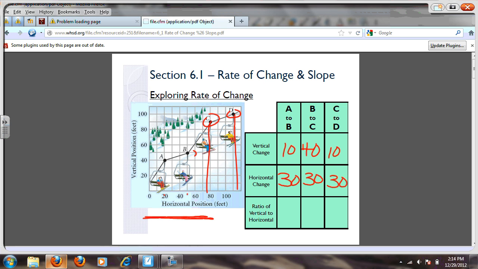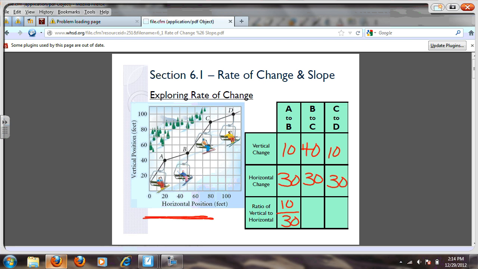Okay, now we're going to do the ratio of the vertical to the horizontal. Okay, Charlie? So from vertical to horizontal, A to B. Vertical is, Charlie? 10. Horizontal, Heather? 30. Okay? Vertical to horizontal, B to C. Okay?